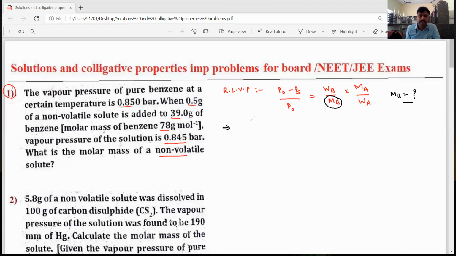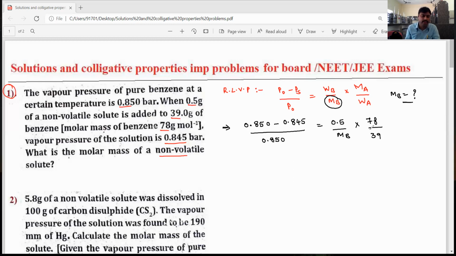P naught is 0.850, minus Ps 0.845 bar, divided by P naught, the vapor pressure of pure solvent benzene, 0.850, equals the weight of solute 0.5 grams divided by MB, which we need to find, into the gram molecular weight of solvent benzene, 78, divided by the weight of solvent, 39 grams.